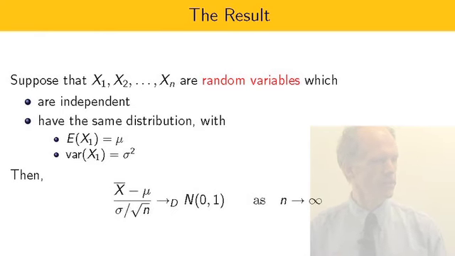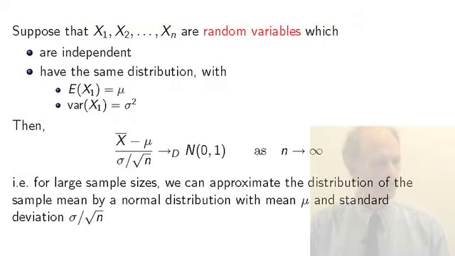Another way of expressing it, it says, for large sample sizes, we can approximate the distribution of the sample mean by a normal distribution with mean μ and standard deviation σ/√n.